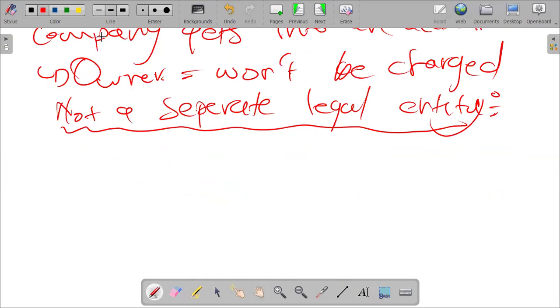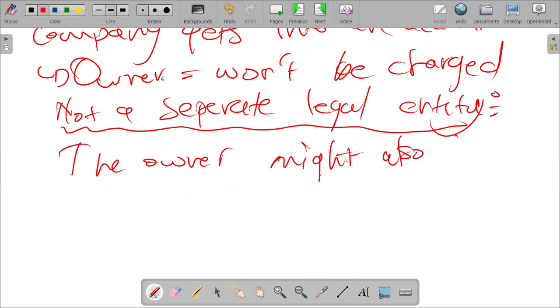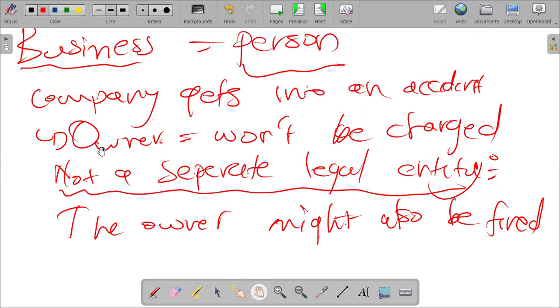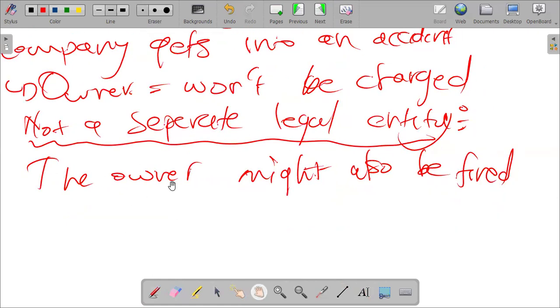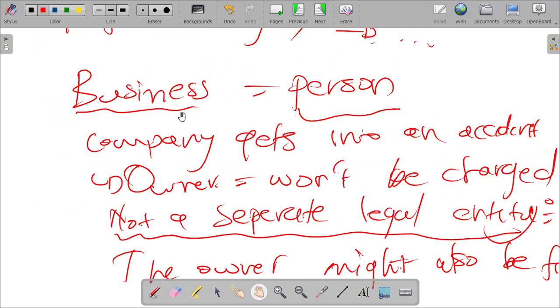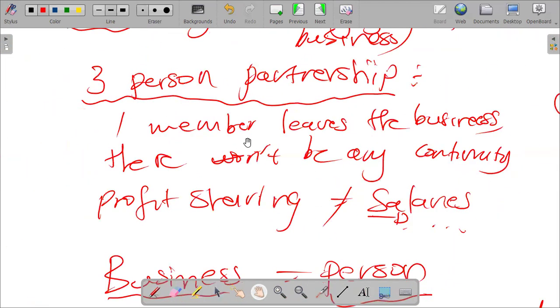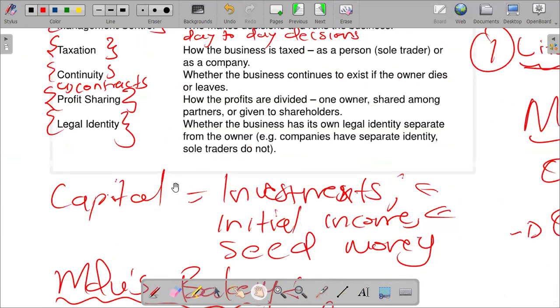So if the company car gets into an accident, the owner might also be fined. So in the case of a separate legal entity, the owner won't be charged or fined. But if it's not a separate legal entity, the owner might be charged or might be asked to pay for the company. So that is the legal entity, depending whether it's separate or not separate.